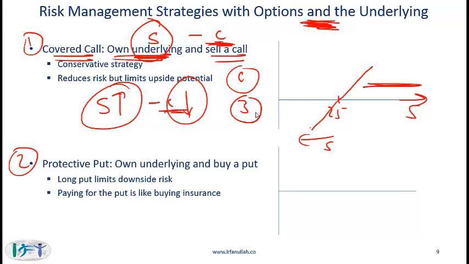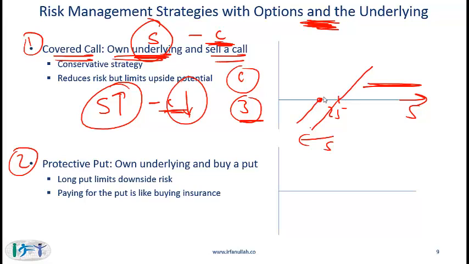That $3 is a cushion. So if the stock price from 25 comes down to 22, your loss is actually zero, because even though you lose 3 on the stock, you got 3 by selling the call. So notice that your loss is reduced.